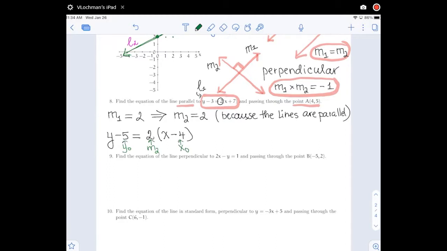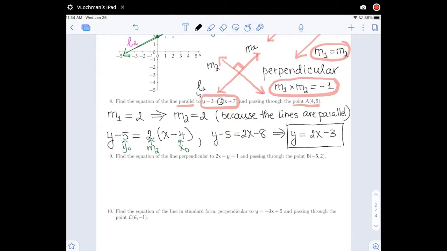Okay, and now we can simplify this. So this is y minus 5 is equal to 2x minus 8. So if we write it in slope intercept form, that's going to be 2x minus 8 plus 5, right? So what is that? That's negative 3. And that's the equation that we would like.